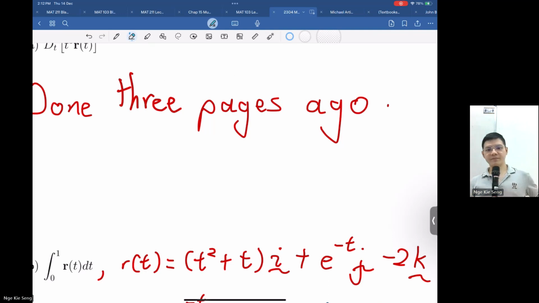After integration, what kind of object will you get? Do you get a value or a vector? From the description just now, you need to integrate every component. So after integrating a vector-valued function, do you get a number or a vector? You get a vector. See what vector you get for this example.